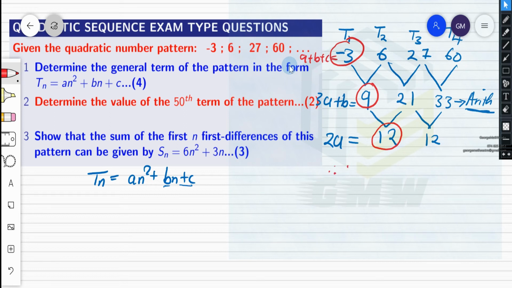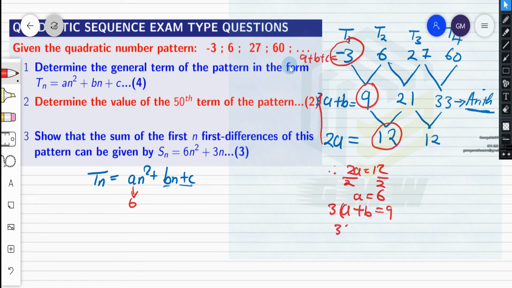Therefore, from this, 2a equals 12. I can divide both sides by 2, which means my a will be equal to 6. So a here is done. I have found 6. Then I come to this stage, just like we did, from bottom going up. It means that I have 3 multiplied by a, then plus b being equal to 9.